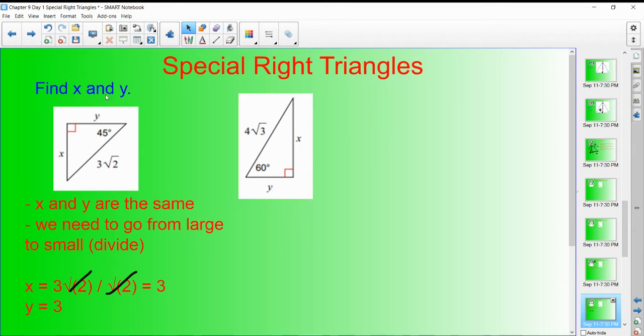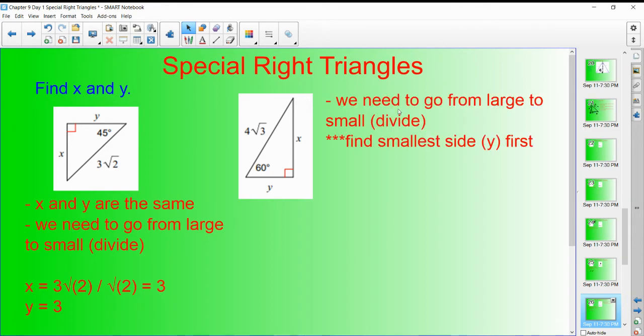So going down, we divide, smallest side we divide. And remember, 45, 45, 90, we're dividing by square root of 2. Now, second case is a 30, 60, 90 triangle. Maybe helpful to write the 30 in for that angle. So we need to find the smallest side first. I like circling the smallest side, which is opposite the 30.